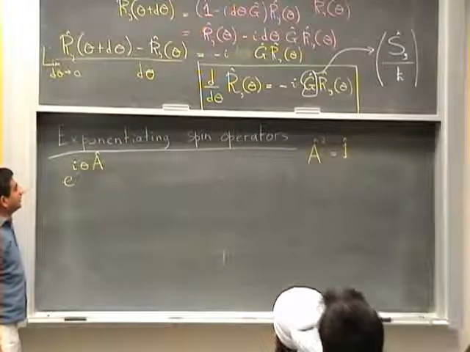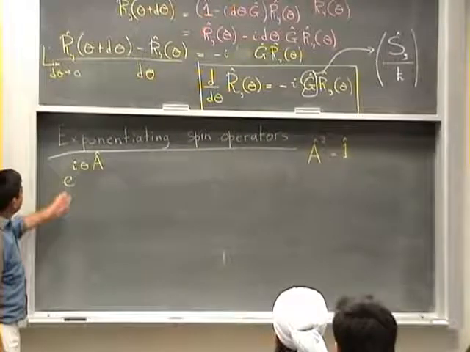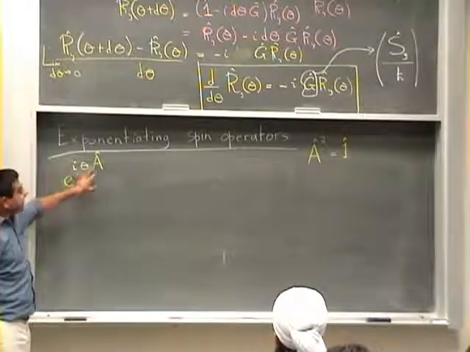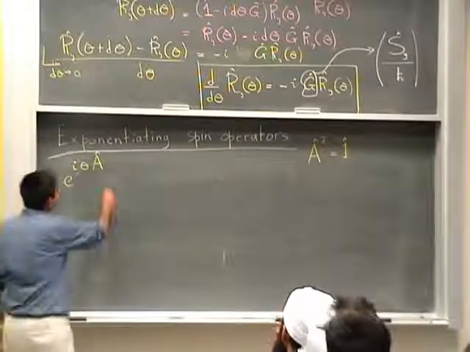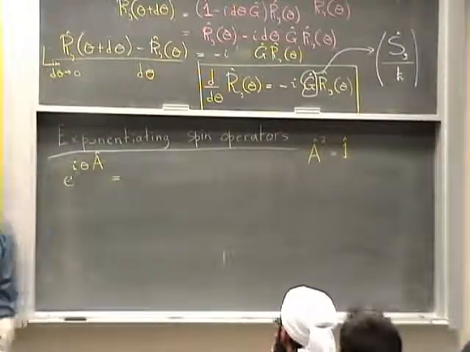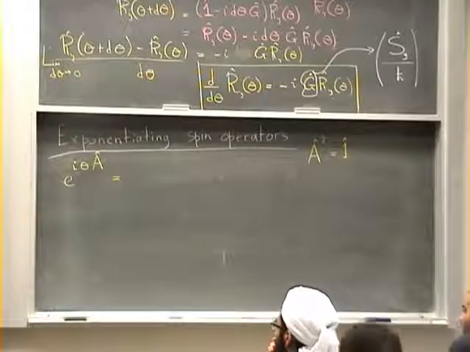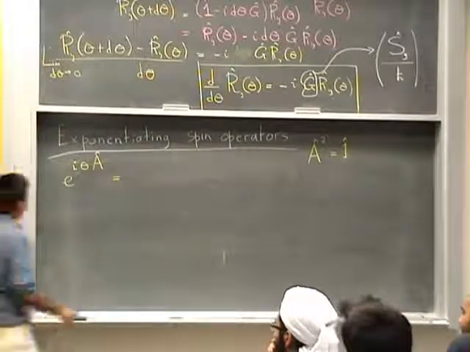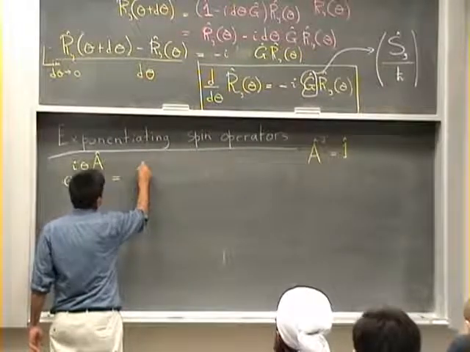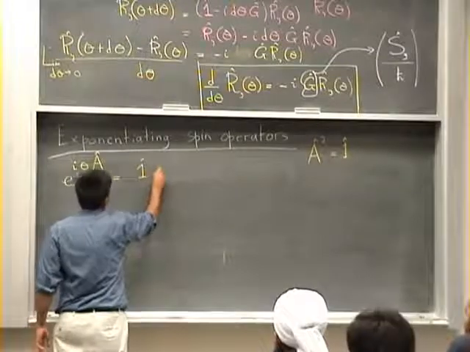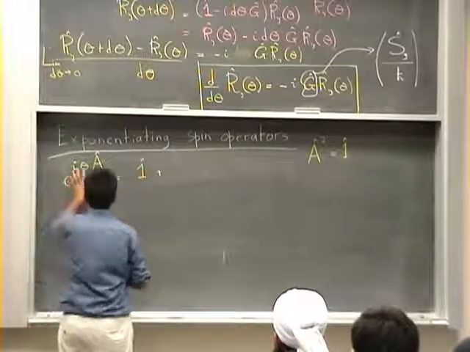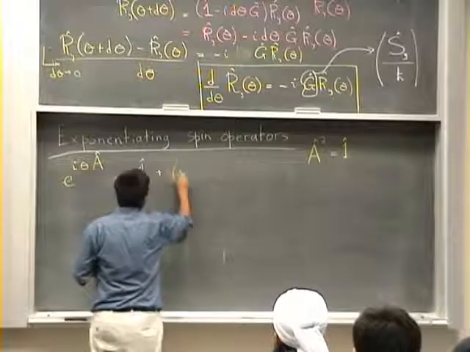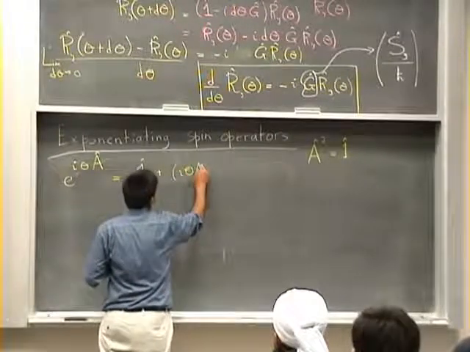Alright. Now, if A is such a matrix and I have this form, now what is this equal to? According to the definition of the exponent of an operator, I must be able to write what I've written over there. So I get identity plus A. Now the whole operator is I theta A, right?